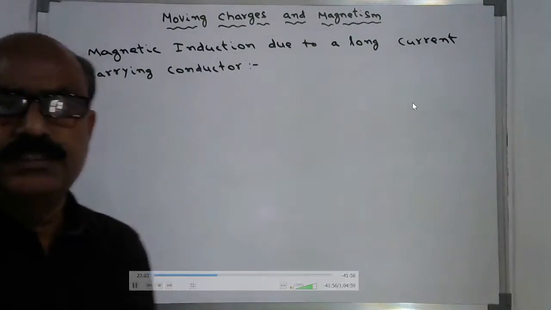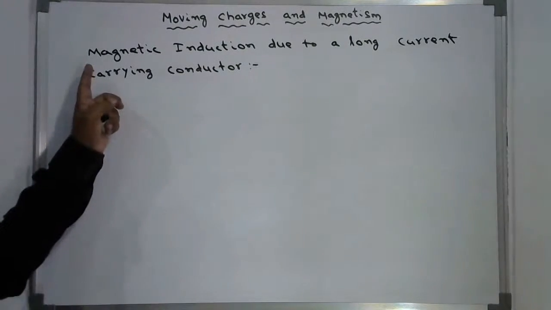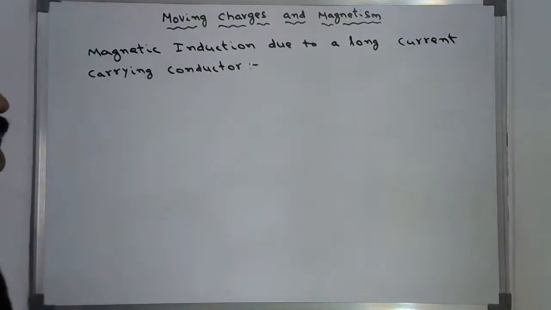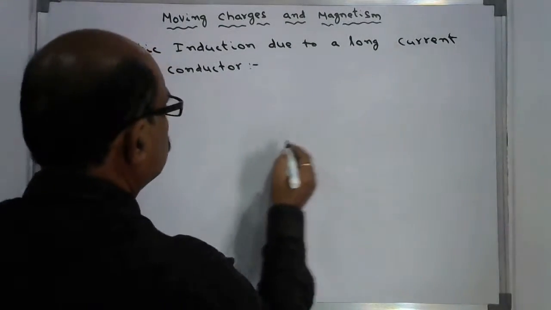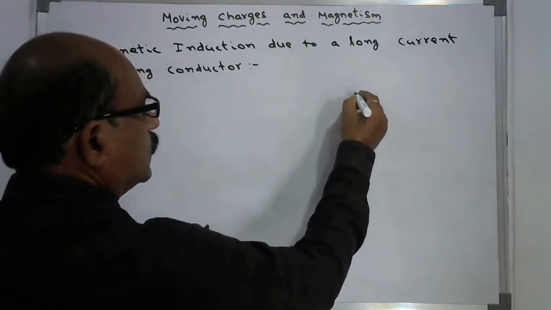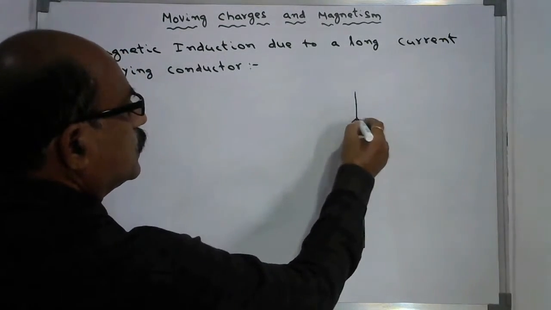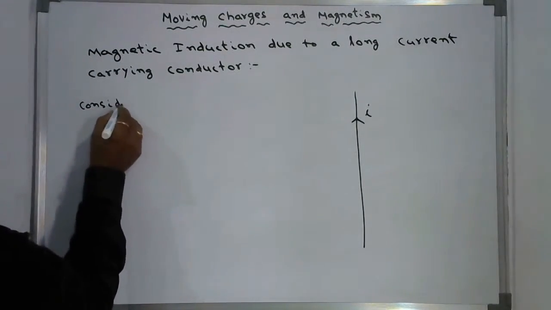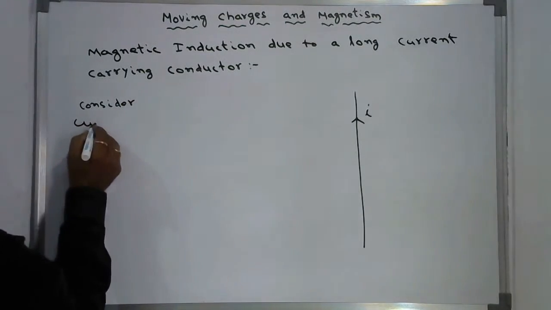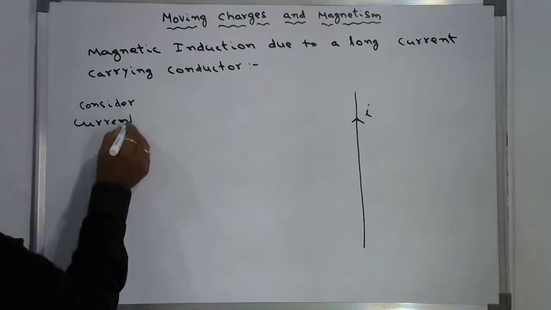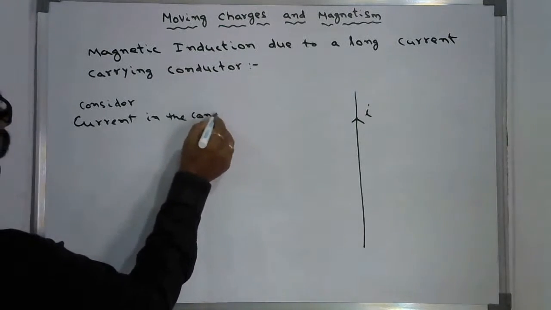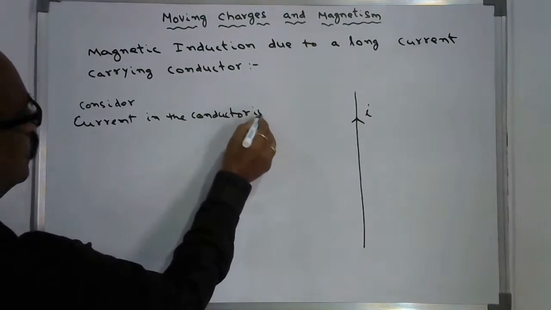So in this concept, magnetic induction due to a long current carrying conductor at any point P. So for this, let us consider a conductor carrying current I. Consider the current in the conductor is I.